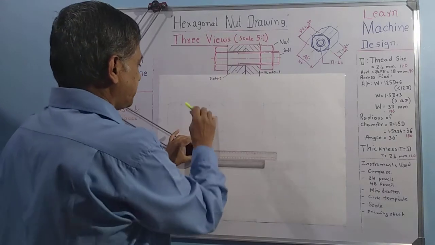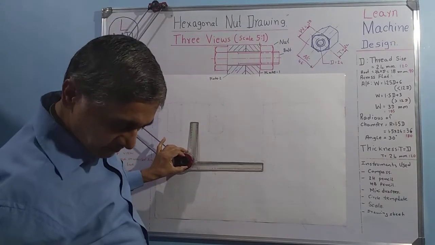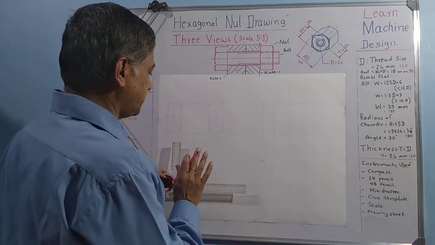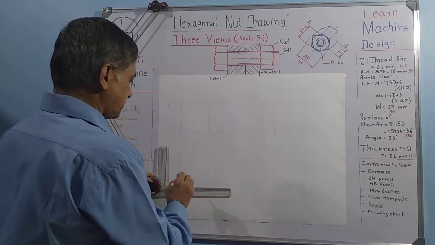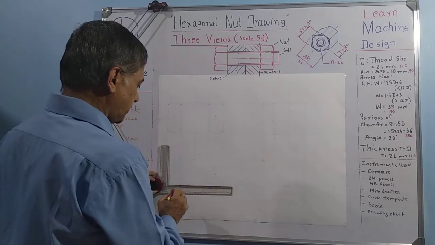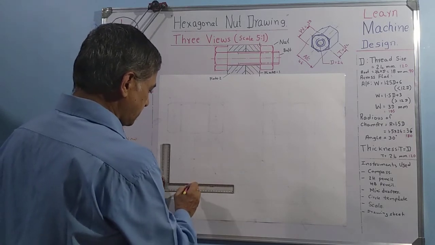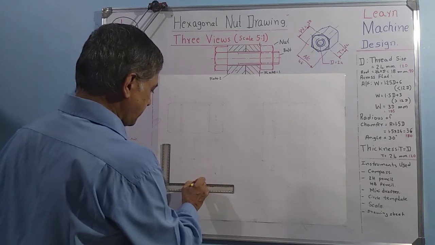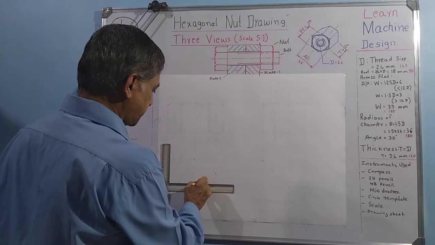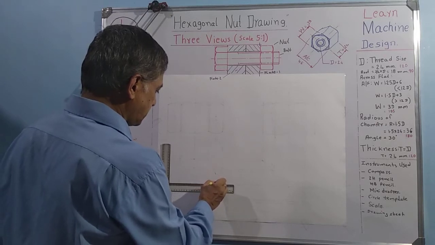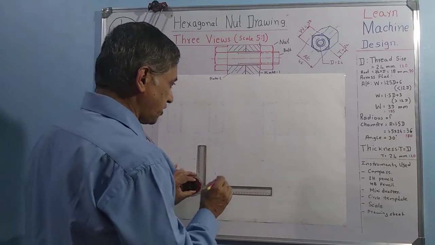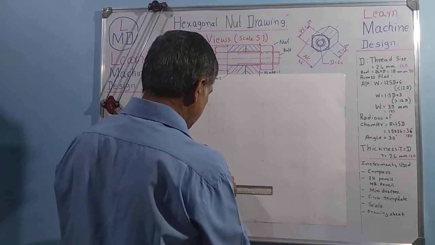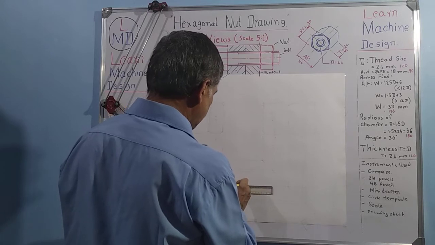After fixing this, we have to draw the nut. First we have to draw two lines. One is a horizontal line like this, and this is a construction line. For your purpose, you have to use a 2H pencil for this and draw like this.